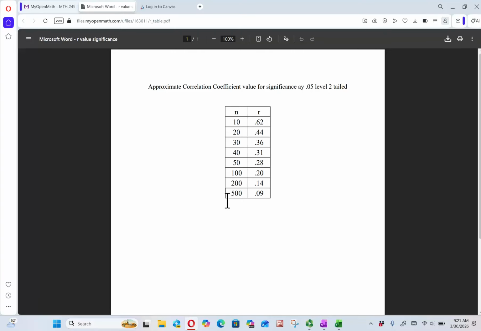As you get more and more observations, it gets less and less and less, until by the time you get to 100, it only has to be 0.2. 500 is 0.09. That isn't even a correlation value, hardly. But it's statistically significant.